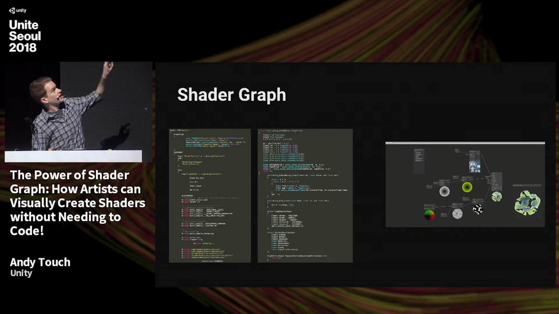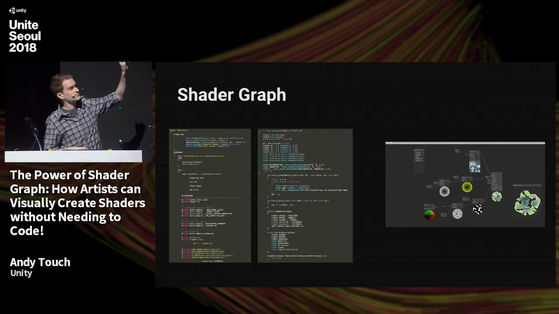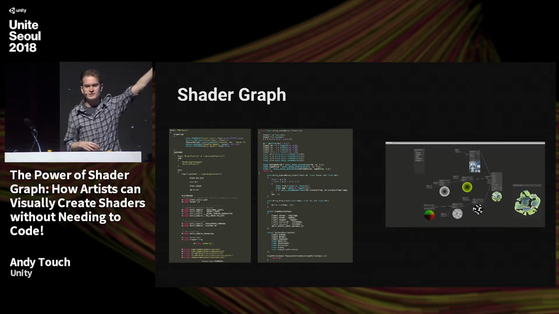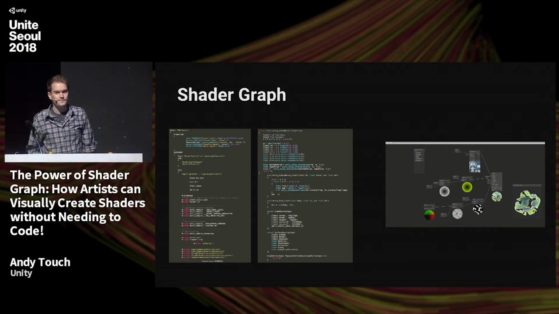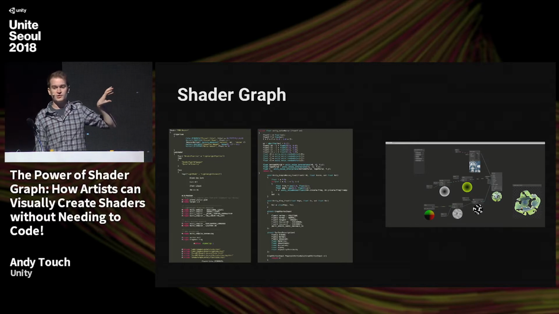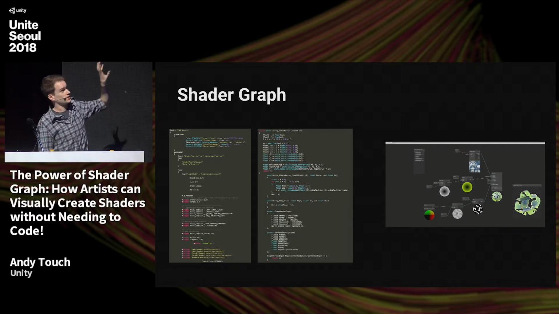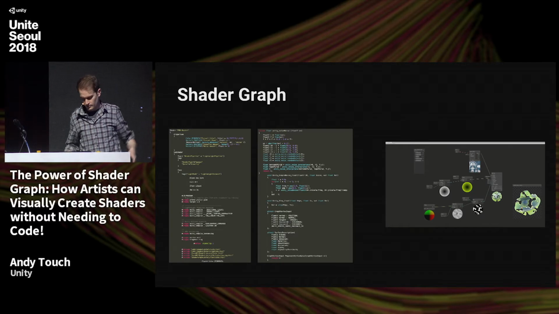So I've set up the code here on the left, which is basically the same effect as the Shader Graph on the right. As you can see, it's taking something that for artists is intimidating and making it a lot more appealing for them.